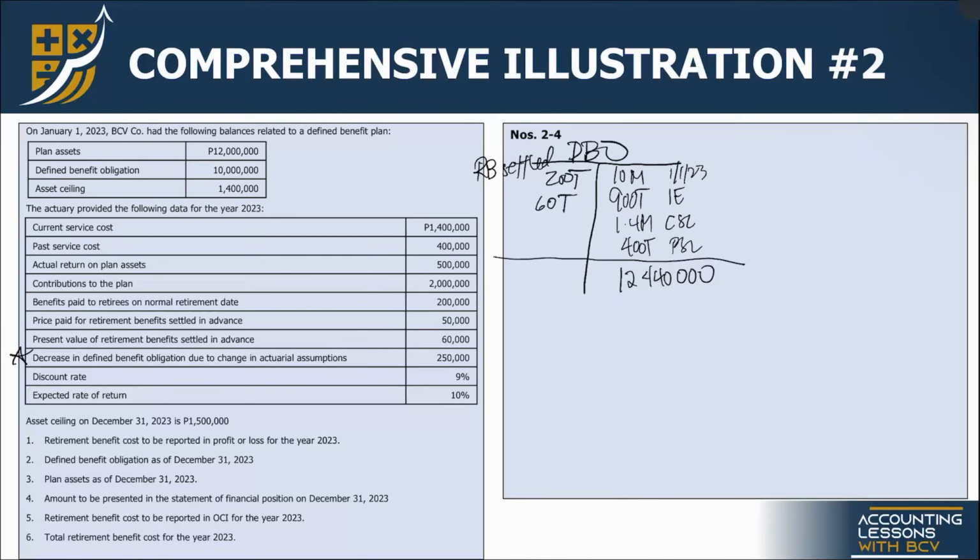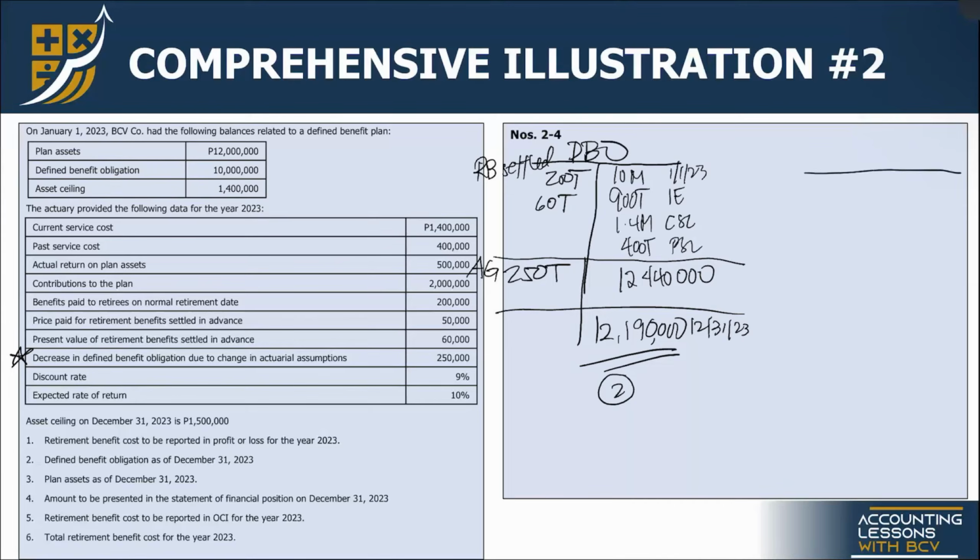Ang sabi, decrease naman siya this time. So dahil decrease, nasa debit side yan. Ano yan? Gain or loss? Gain. Actuarial gain. So magkano ang kanyang December 31, 2023 balance? 12,190,000. So yan ang sagot sa number 2, 12,190,000. Okay?